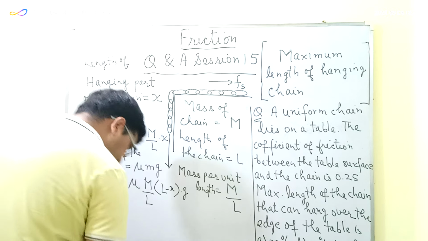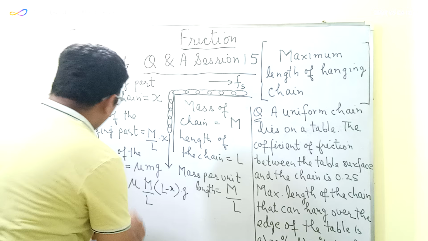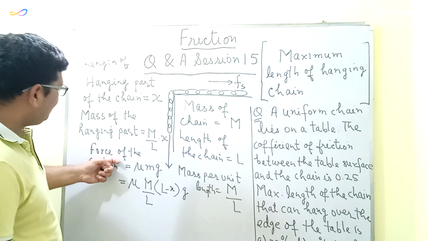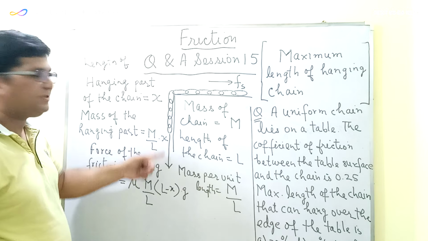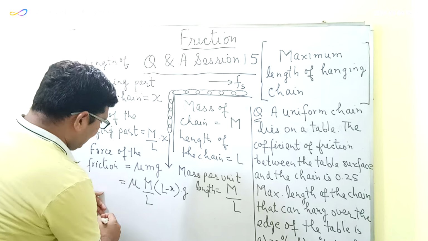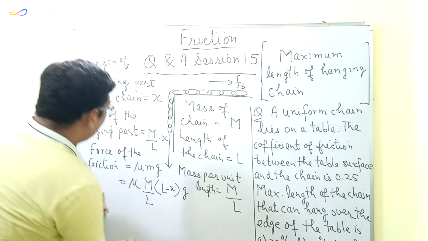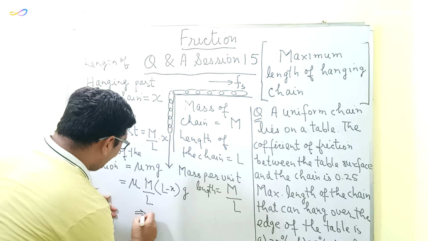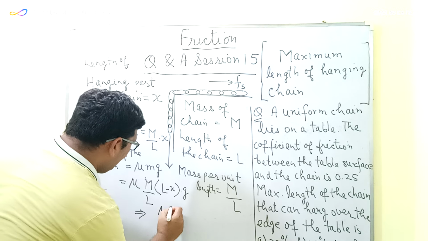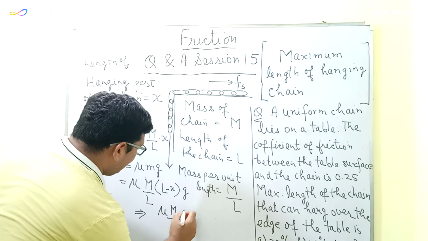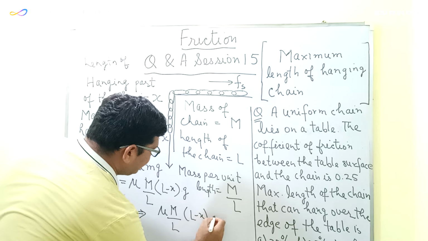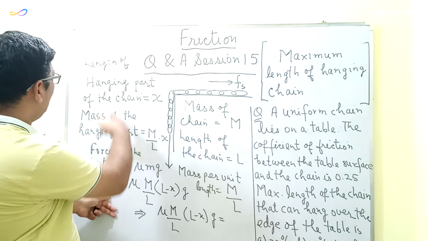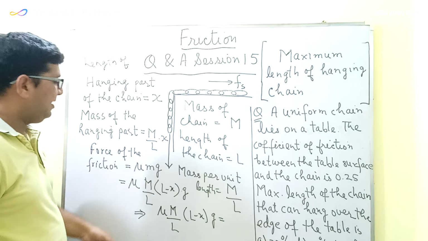Now if this force of friction is able to balance the weight of this hanging part of the chain, then this chain will not fall down. So in this case, mu M upon L into L minus X into g should be equal to the weight of the hanging part of the chain.